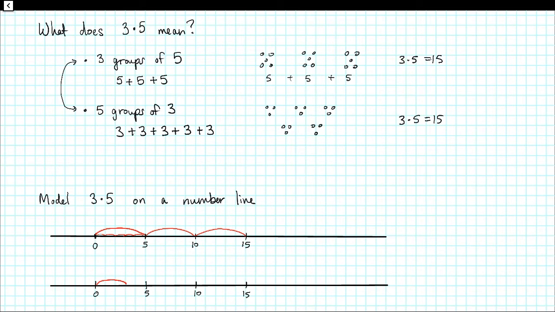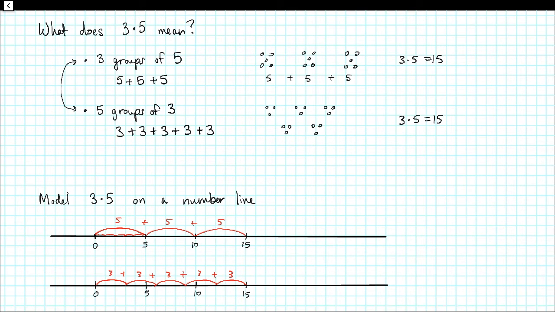Remember, it's 3 spaces. 1 group of 3, 2 groups of 3, 3 groups of 3, 4 groups of 3, 5 groups of 3. This is 3 plus 3 plus 3 plus 3 plus 3. And this is 5 plus 5 plus 5.